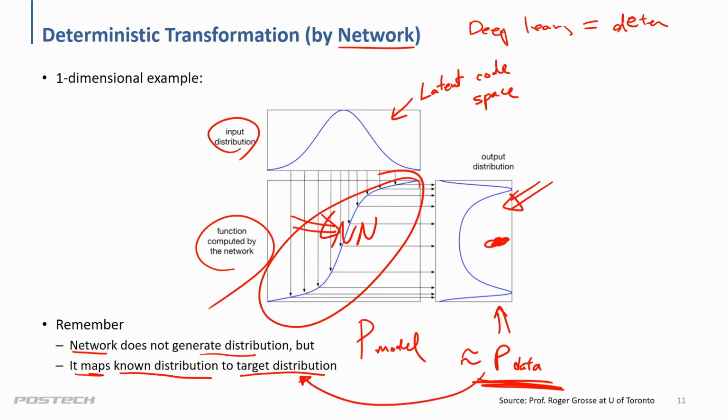It tries to find the mappings so that it maps from a known distribution to the target distribution. Does that make sense?